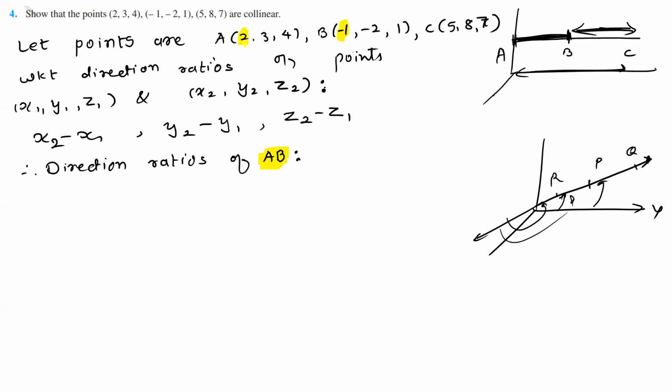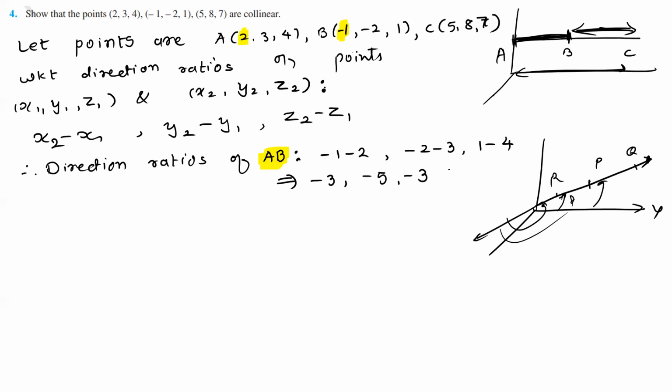For y, it is -2 minus 3, giving -5. For z, it's 1 minus 4, giving -3. So these are the direction ratios of AB: -3, -5, -3.